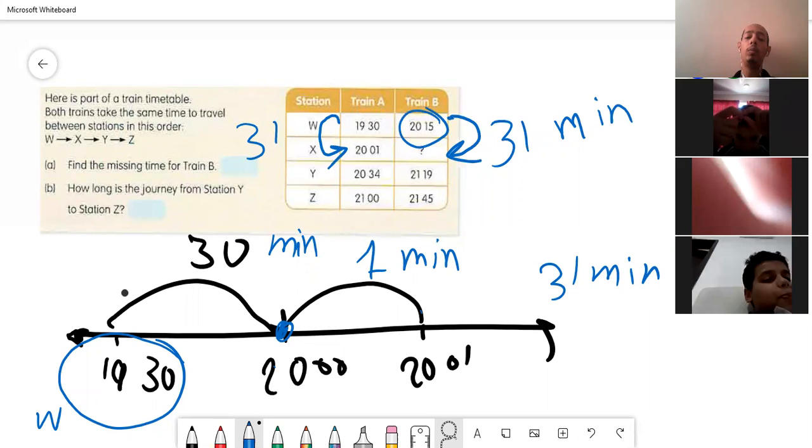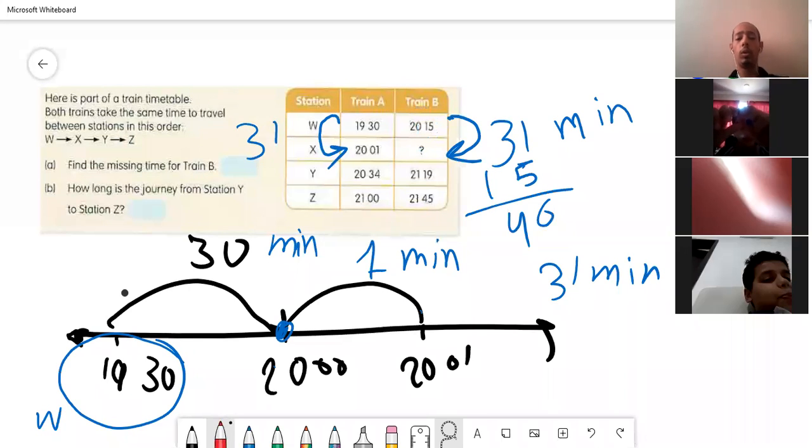How many minutes do we have in 20:15? 15. So I add the minutes to the minutes: 31 plus 15 is 46. So the time here will be 20:46. Is it clear? Yes, teacher.